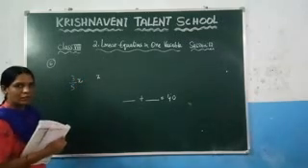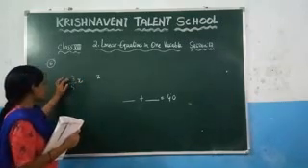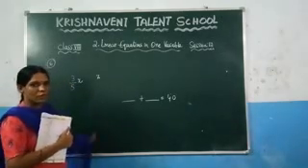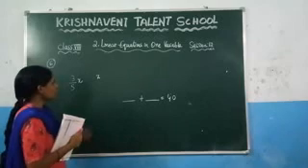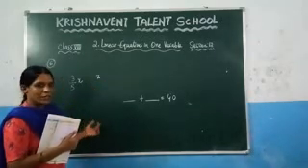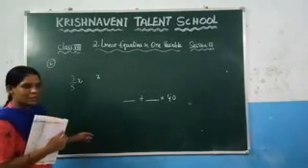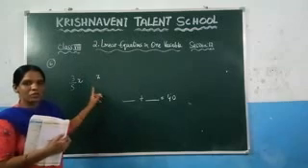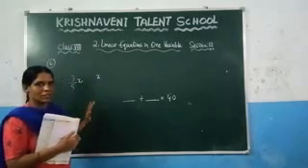That means here what they have given, the girls is 3/5 of the number of boys. Let us consider the number of boys as x. Then what is the condition given here? The number of girls is nothing but if you multiply 3/5 with the number of boys, you will get the number of girls. That is given here.